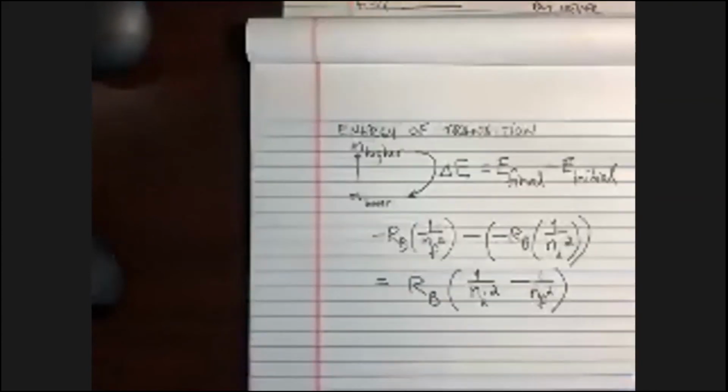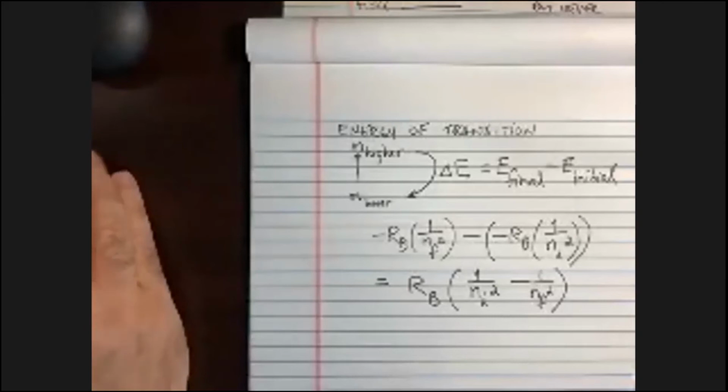But if we rearrange that, so as not to have so many negative things in there, let's rearrange this as RB times 1 over n initial squared minus 1 over n final squared. So notice, in this example, the initial state is the higher orbit and the final is the lower orbit. Oh gosh, I'm having more problems here with this. This is getting worse and worse.